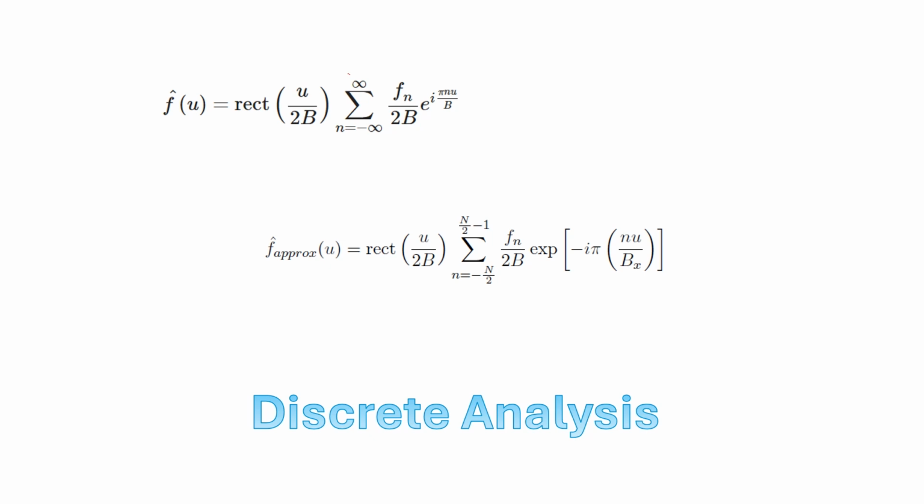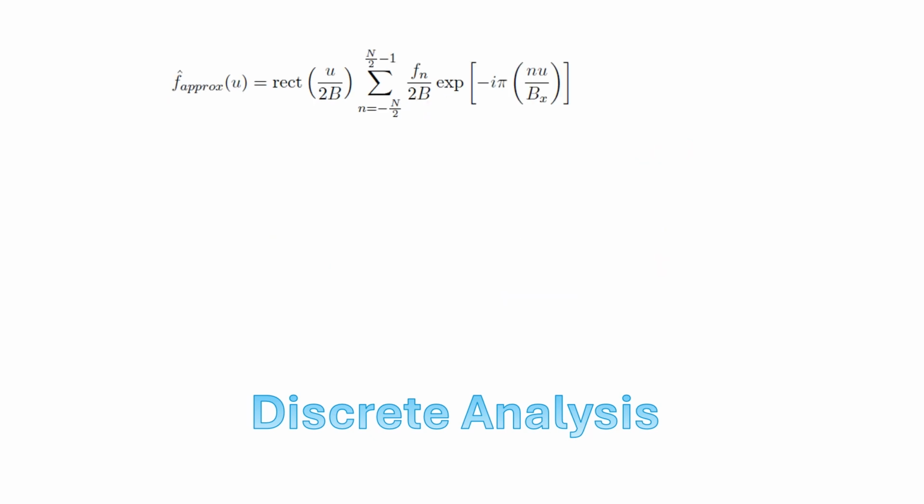But a lot of times the function is only considered over a finite window in space, so we'll truncate that series and say there's some maximum value of x, in this case n over 4b, that we would want to consider. Assuming that's large enough to fully consider our function, we can turn this Fourier series representation of the Fourier transform into a finite sum, and then we'll evaluate that sum at specific values.